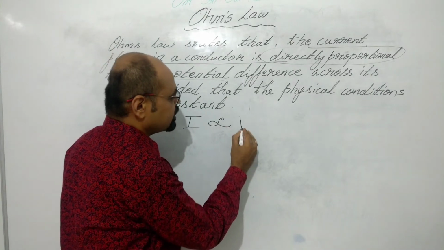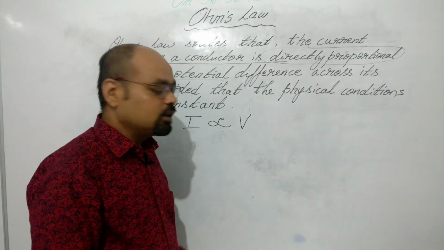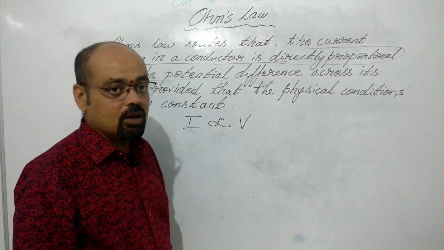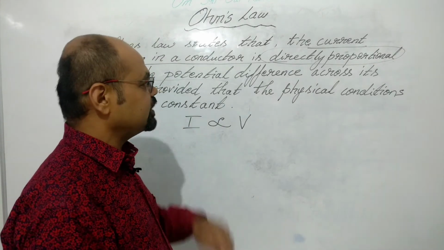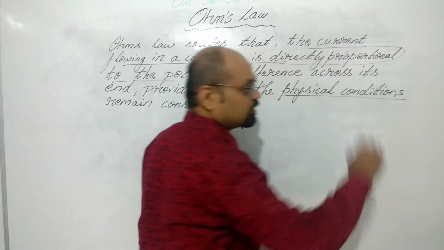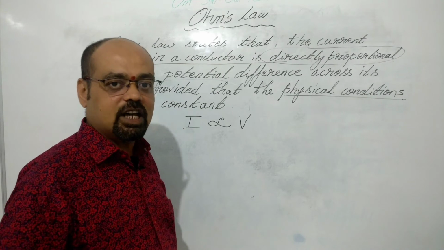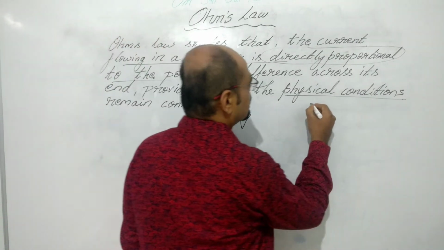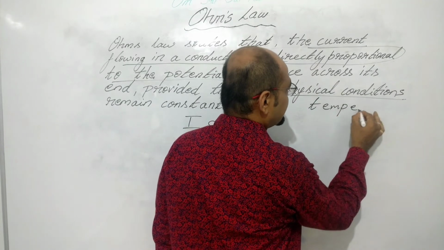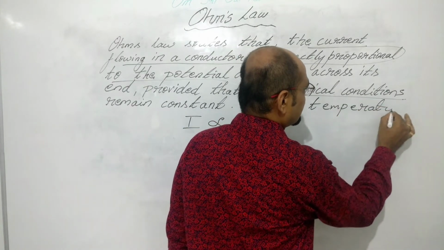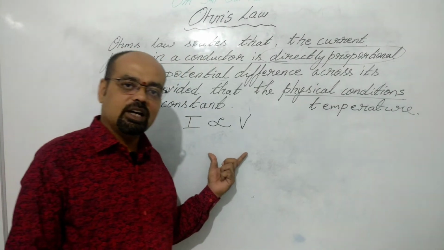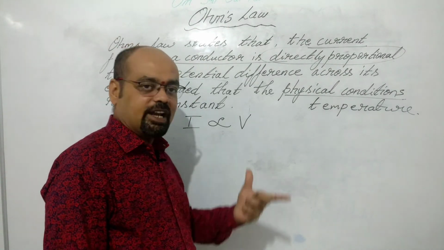Potential difference is nothing but V. So current is directly proportional to the potential difference across its ends, provided that the physical conditions, here the physical condition represents the temperature, must be constant, at constant temperature. So this is the formula we get.